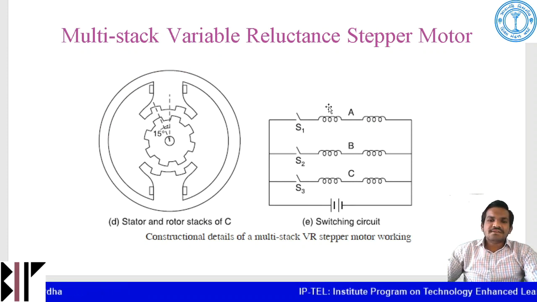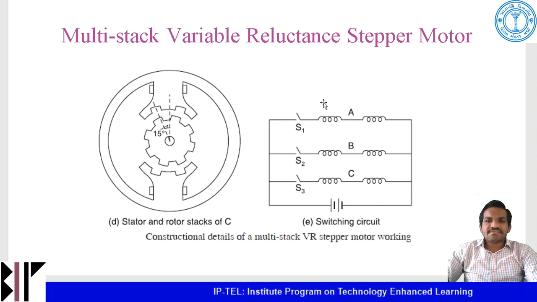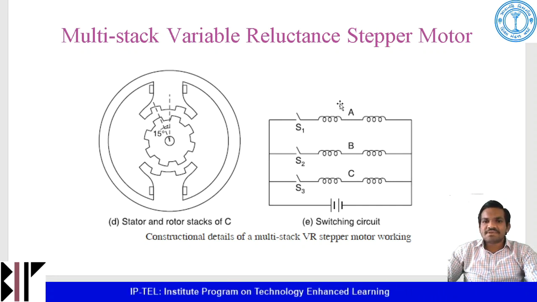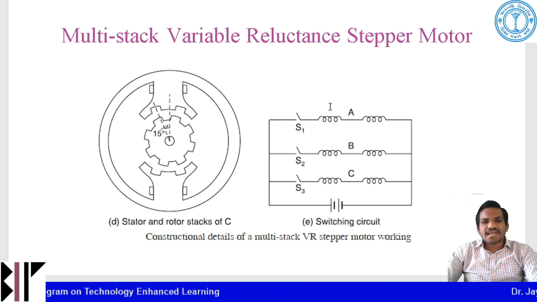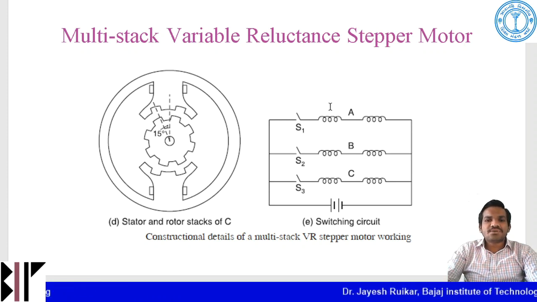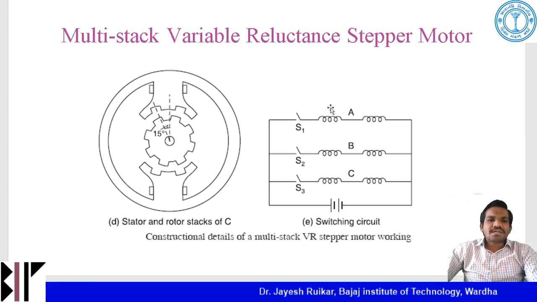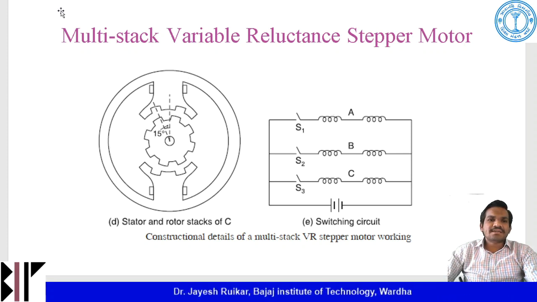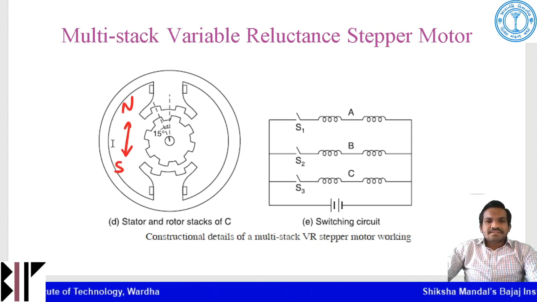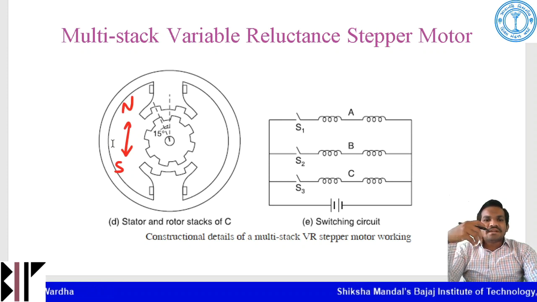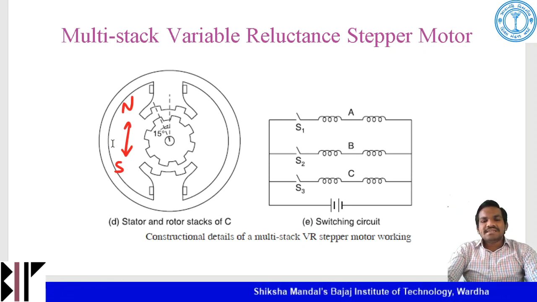It is a three phase multi-stack variable reluctance stepper motor: A, B, C. All the coils of the stator stack are connected in series, and all the poles facing the rotor become north and south when they are excited. You can see that the magnetic circuit of each stack is independent of the others.